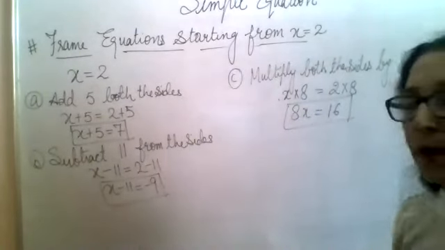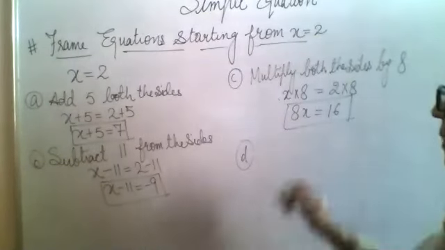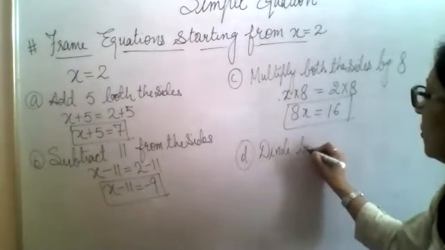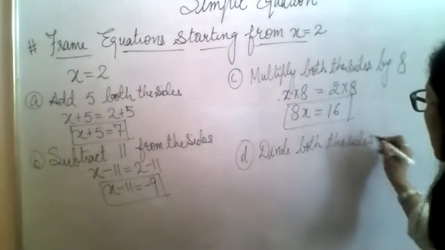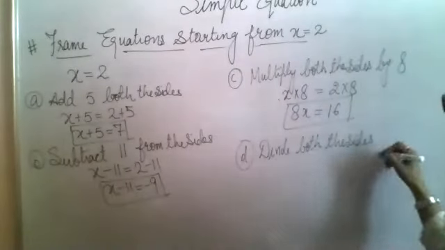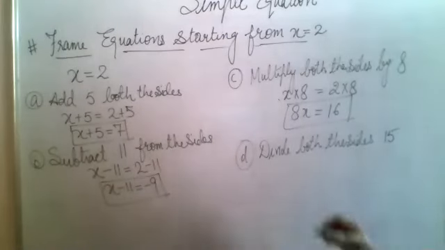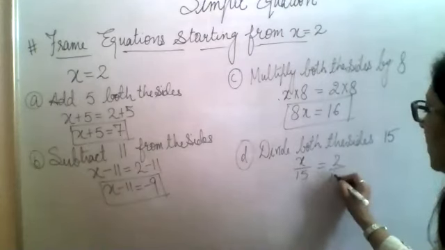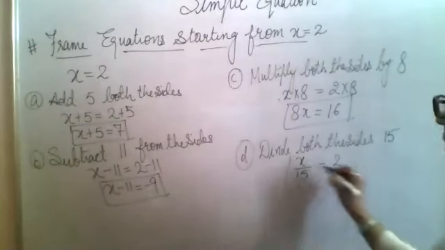Now next is divide both sides by any number. Again, there is no compulsion, you can write 9 or 13 or 15. Let's divide by 15. So it will come x upon 15 equal to 2 upon 15. And when you solve, 15 cancels by 15 and you will get x equal to 2.